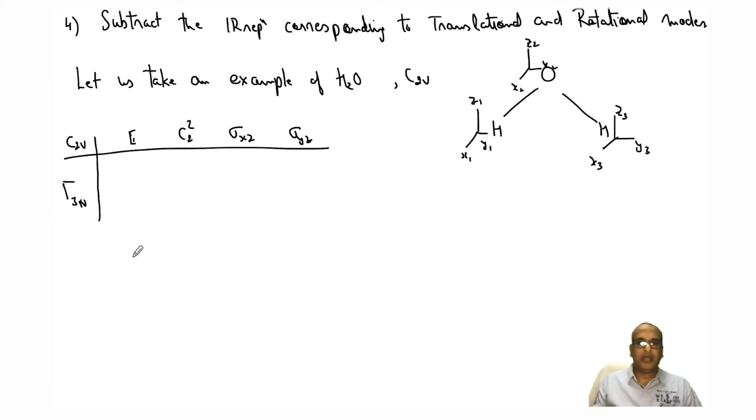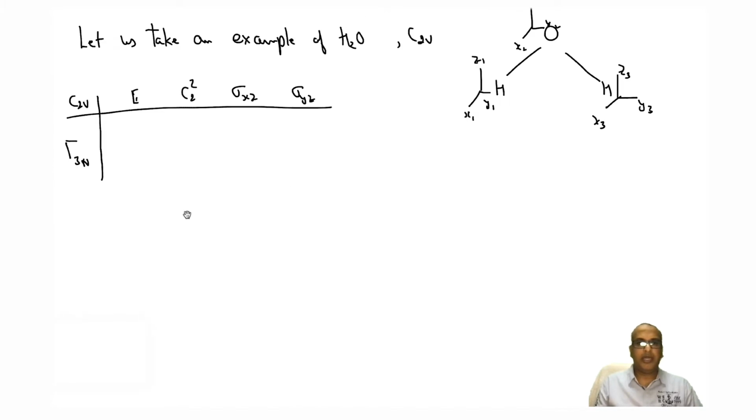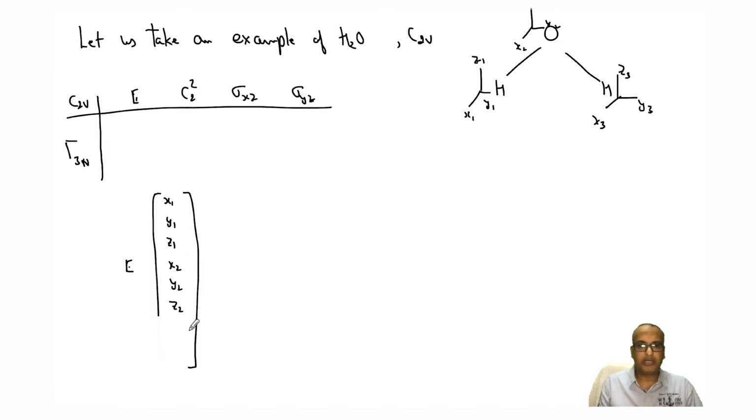Okay. Now for E, there are 9 vectors, so the dimension has to be 9 cross 9. So for E, let us see how to do this. The matrix for these vectors will be written like this: X1, Y1, Z1, X2, Y2, Z2, X3, Y3, Z3. Now all of it will remain unchanged, right?